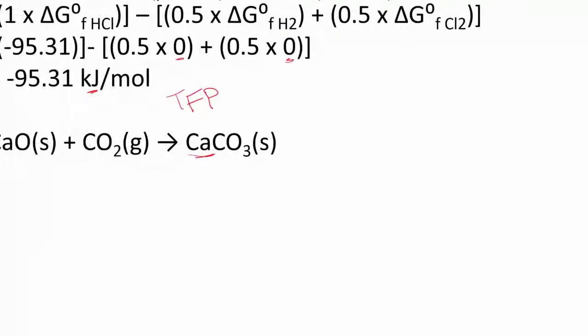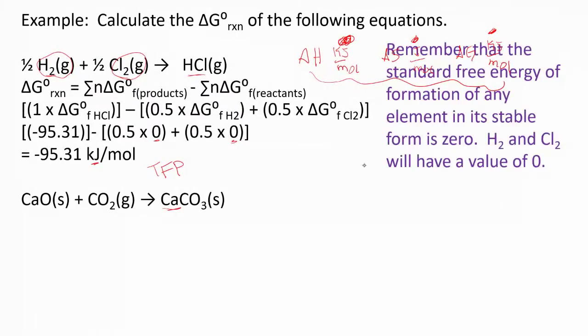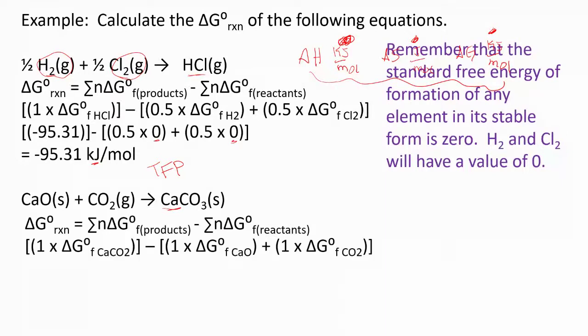So for our next reaction, let's calculate the delta G. The delta G value here, we're going to plug in our values. So calcium carbonate is negative 1128.8, minus the sum of the reactants.